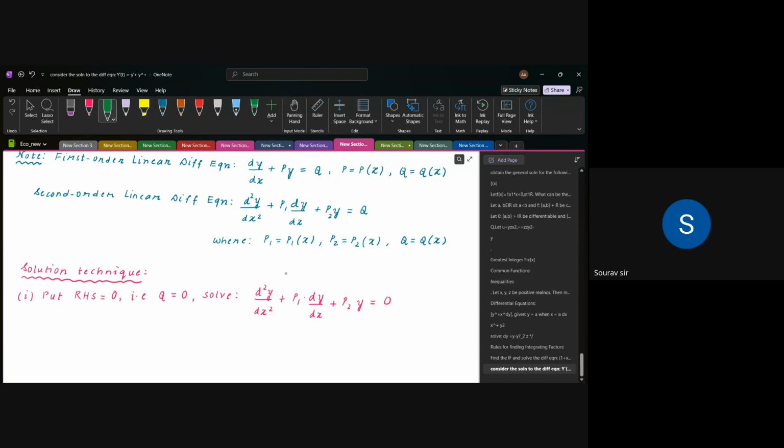So you put your RHS as 0 and try to solve this reduced differential equation. One terminology we need to know is that for any differential equation where the RHS is 0, we call it a homogeneous equation.